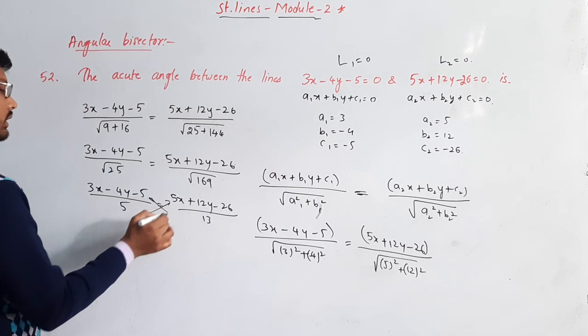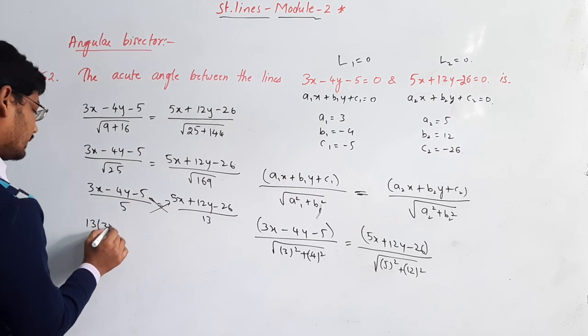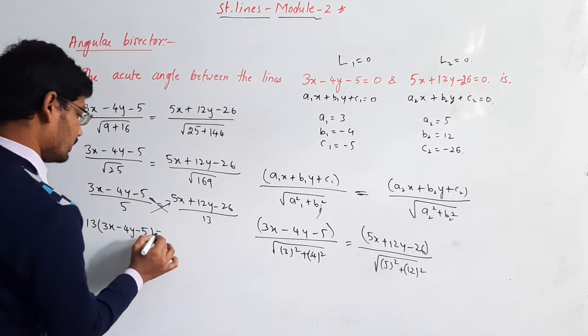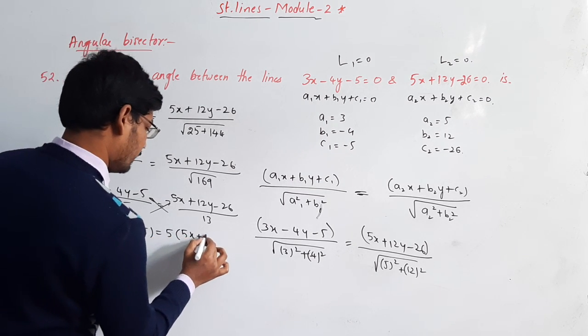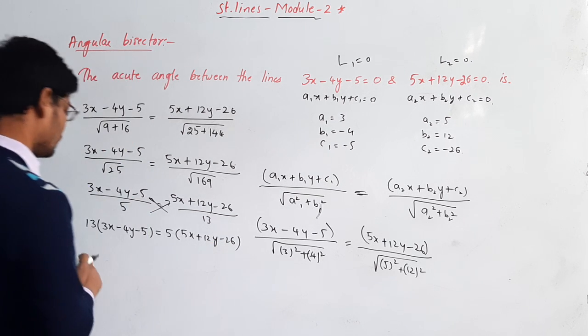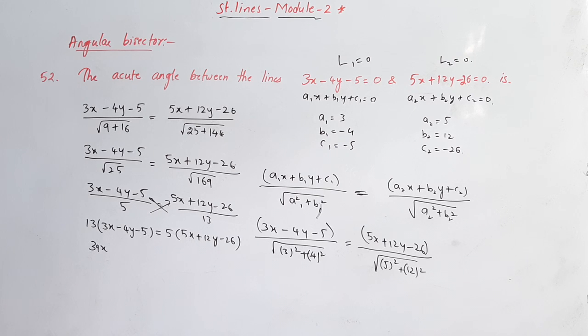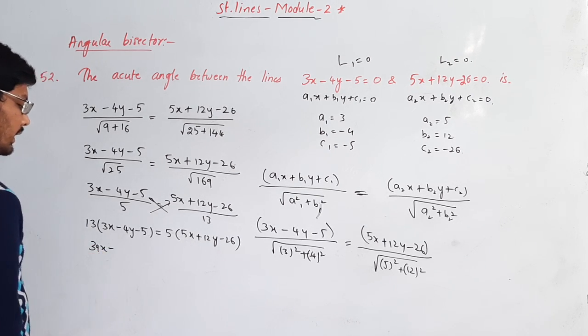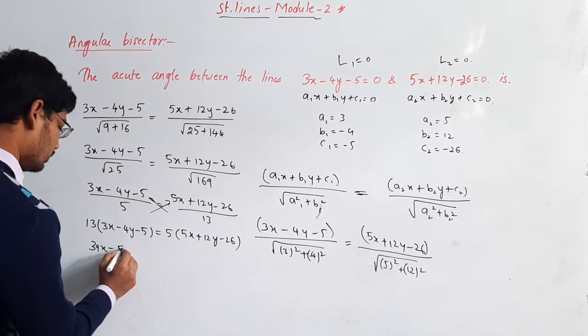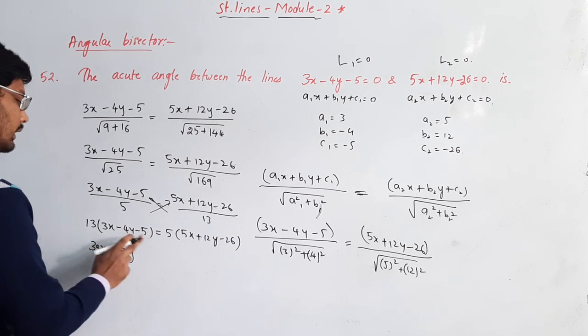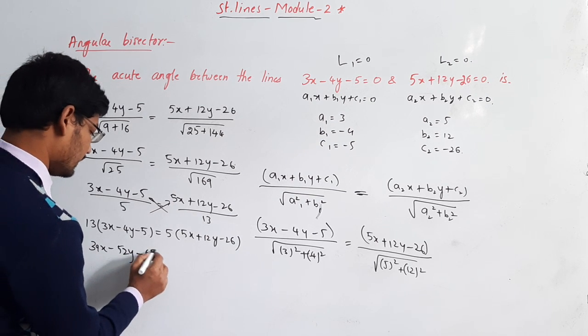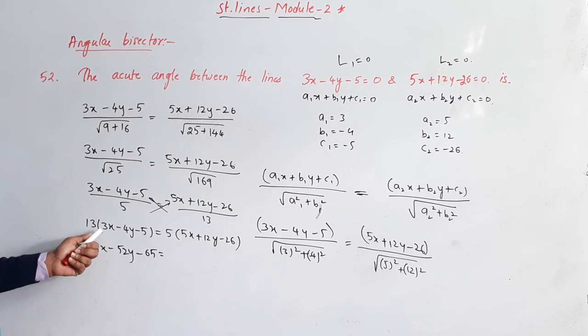Let's do cross multiplication here. So 13 into (3x minus 4y minus 5) and 5 into (5x plus 12y minus 26). Let's multiply here. 13 times 3 is 39x, 13 times 4 is 52, so minus 52y, and 13 times 5 is 65.